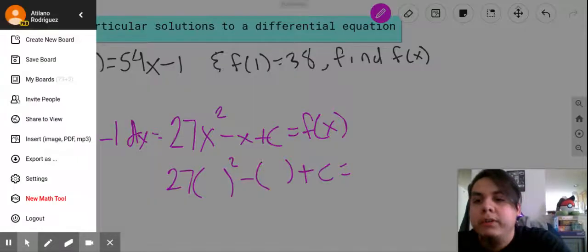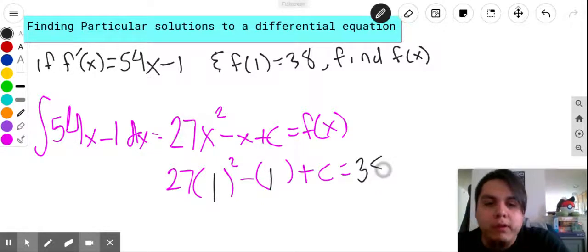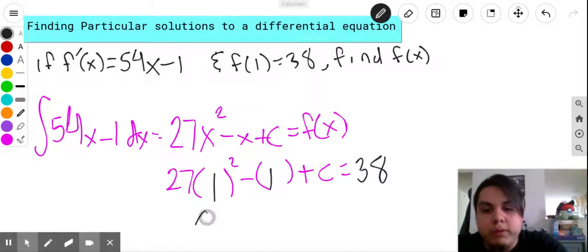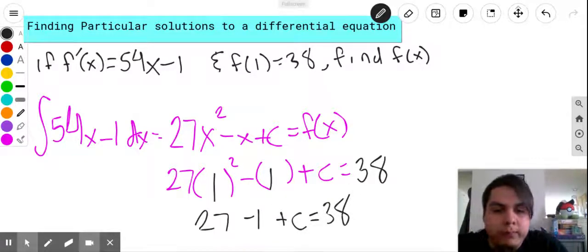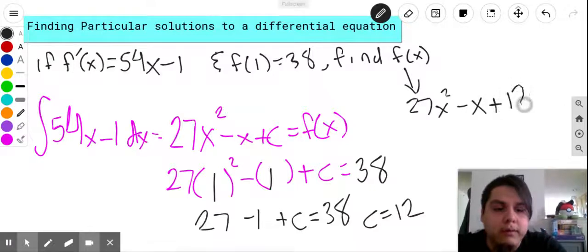And now all I do is plug in the 1 for the x's and the 38 for the output. So that's 27 minus 1 plus c equals 38. 26 plus 12. Okay, so c has to equal 12. So that means f of x should be 27x squared minus x plus 12.